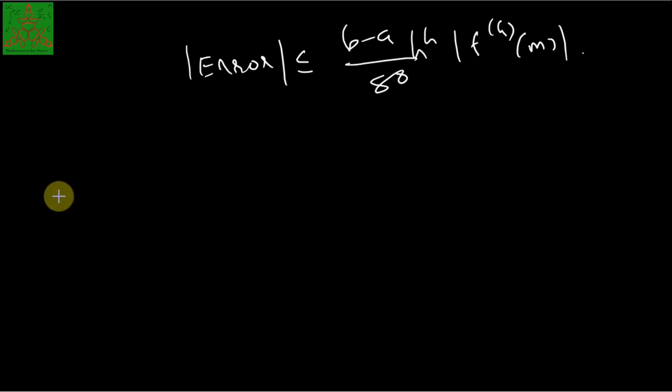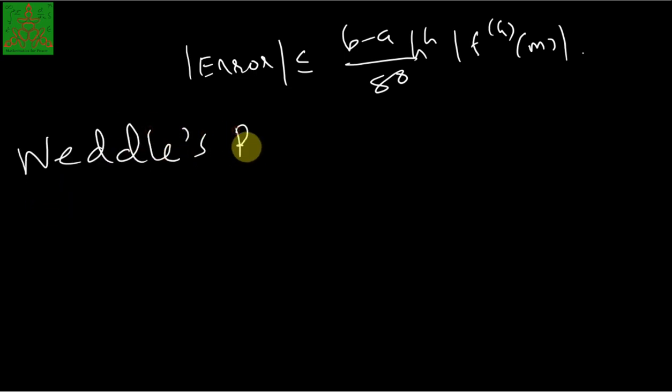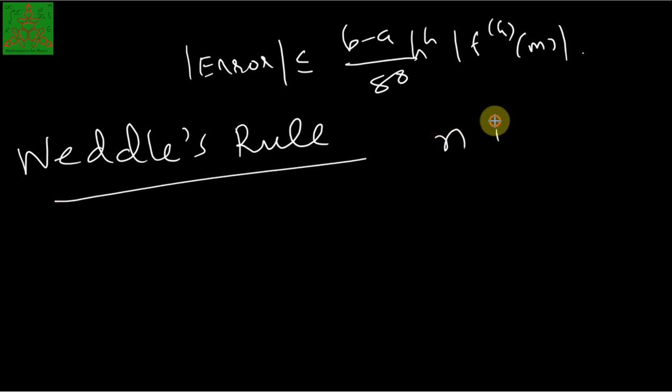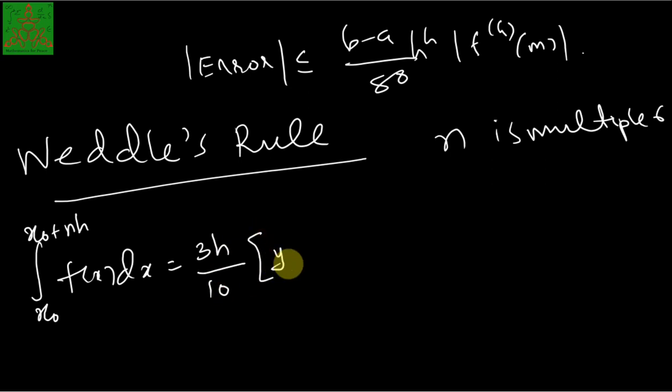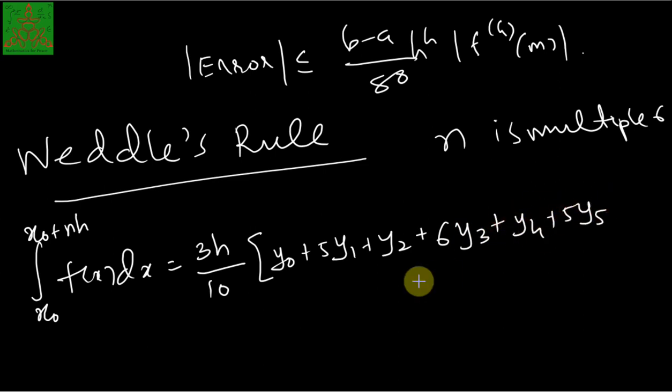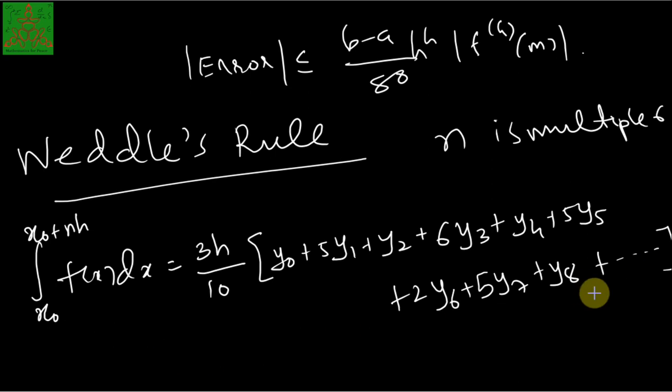Weddle's rule is used when n is a multiple of 6, and the formula for Weddle's rule is the integral from x0 to x0 plus nh, or b, of f of x dx equals 3h by 10 times y0 plus 5y1 plus 5y2 plus 6y3 plus y4 plus 5y5 plus 2y6 plus 5y7 plus y8 and so on. So this is known as Weddle's rule.